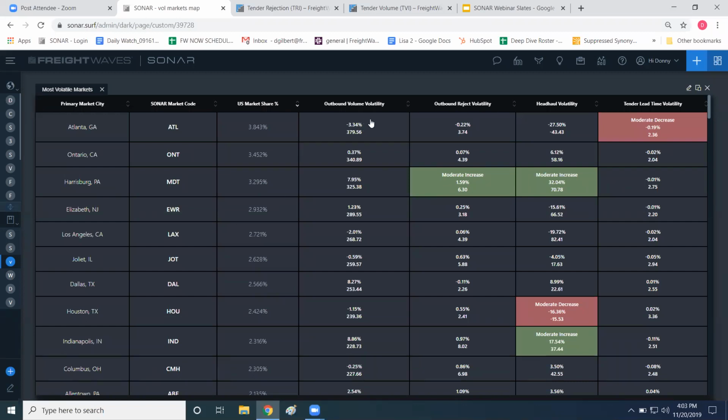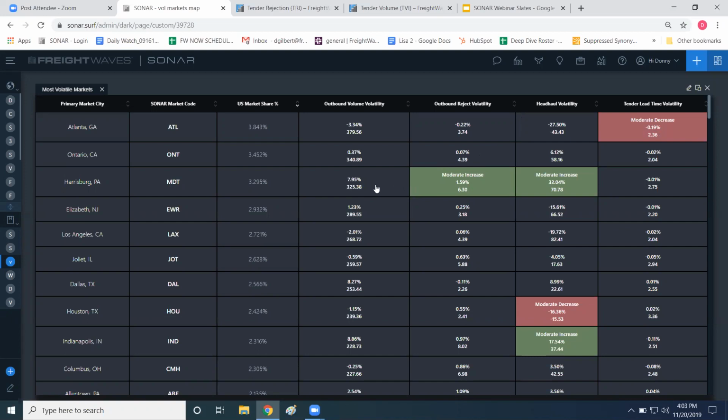Now, we have some green and red that we see here. We have moderate increase and, of course, moderate decrease, and we have strong increase and strong decrease. What we do on this map is we measure the average index for a 12-month period, and then we look at the standard deviation of that.